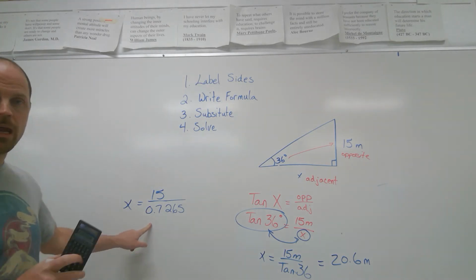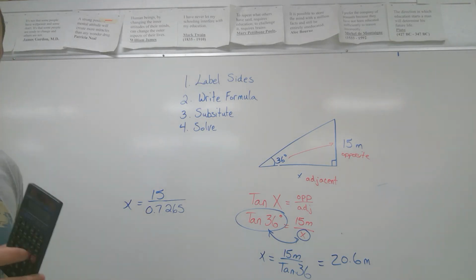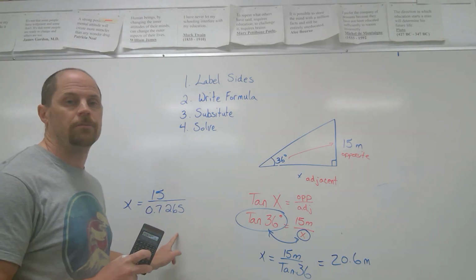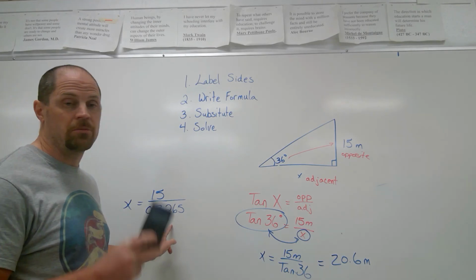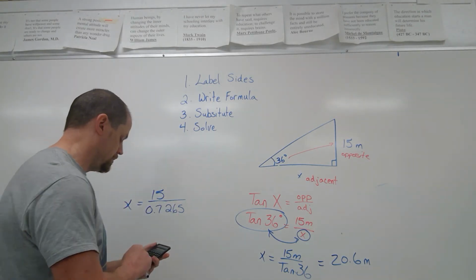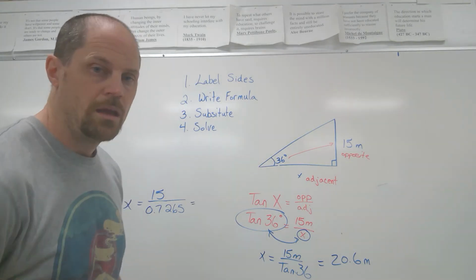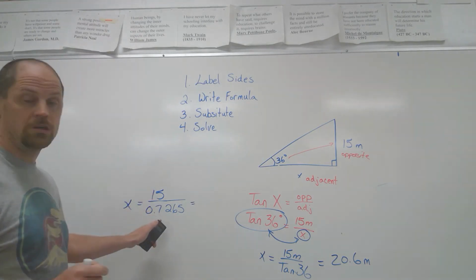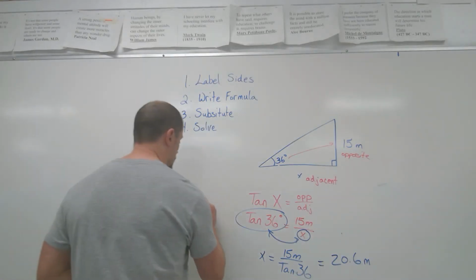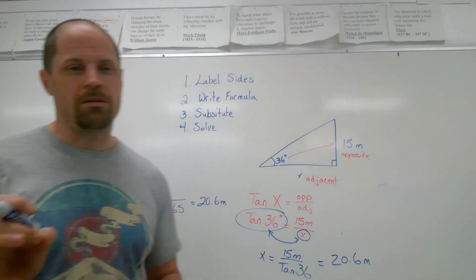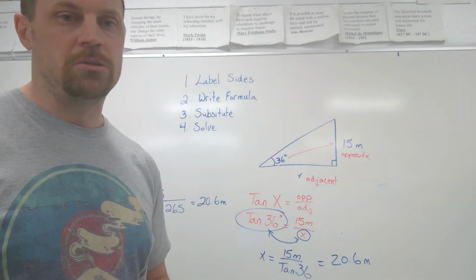Write down the answer and then take your calculator and do 15 divided by 0.7265. By doing that extra step, you'll avoid some mistakes and you should get the same answer. It might be off by 1/10, but it should be almost identical.